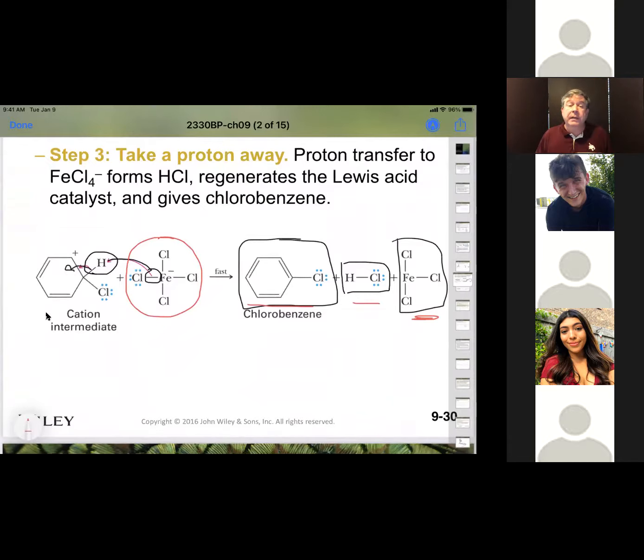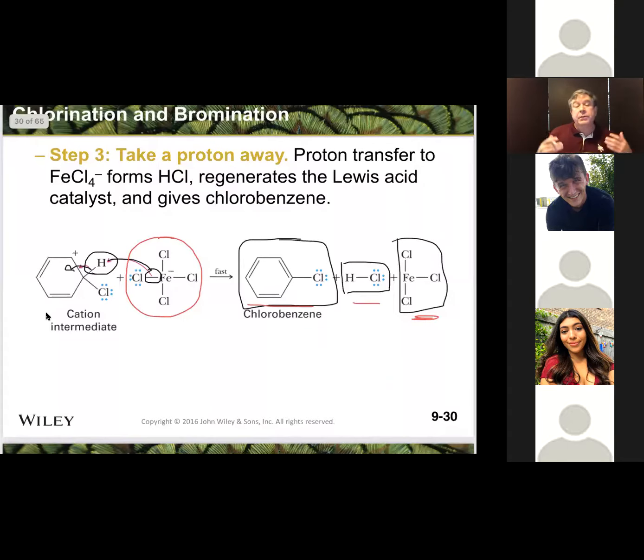Notice we're regenerating that ferric chloride. That's why it's catalytic, and then it can go react with another molecule of chlorine to keep the process going. The same is true for bromine, except we would want to use iron tetrabromide, because we don't know which of these halogens is going to leave when we form that cation. So we would use the iron tetrachloride for chlorination and iron tetrabromide for bromination.